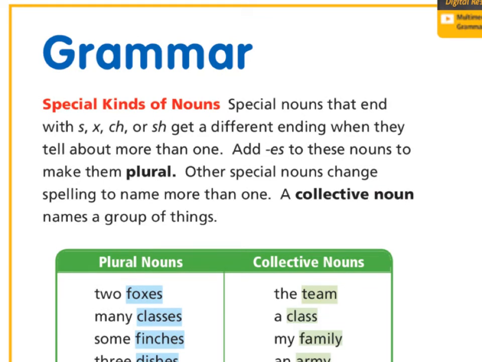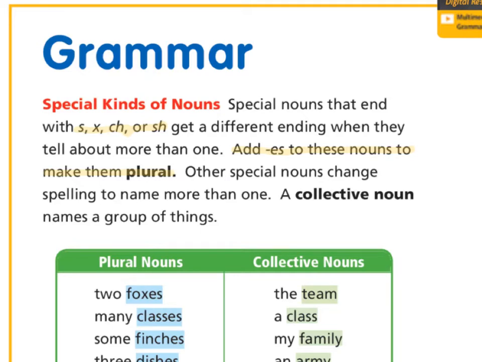Special nouns that end with S, X, CH, or SH get a different ending when they tell more than one, so when they're plural. Add ES to these nouns to make them plural.